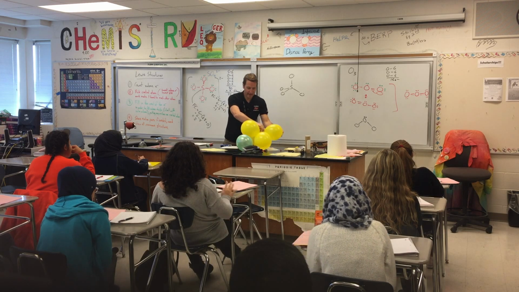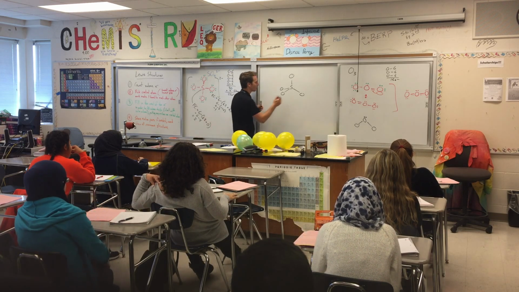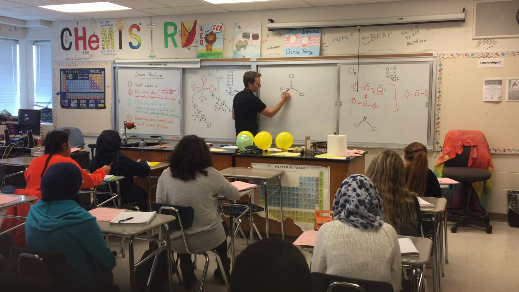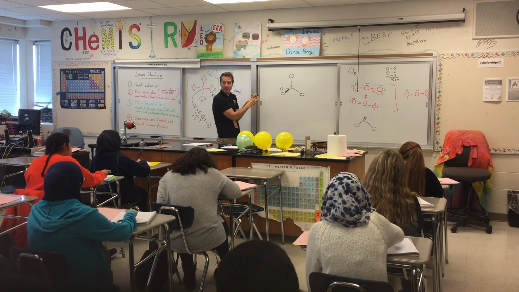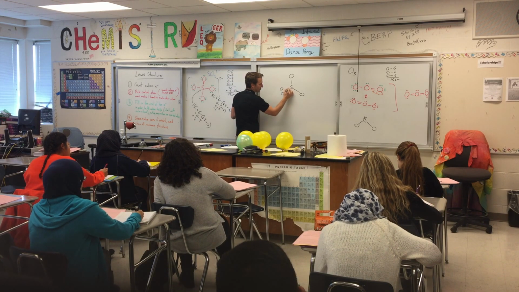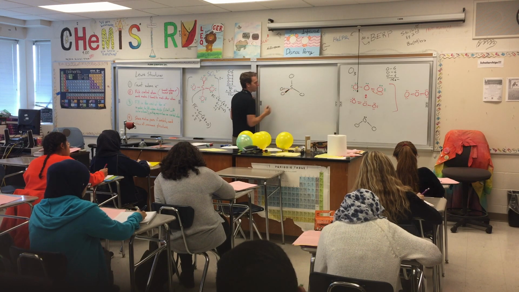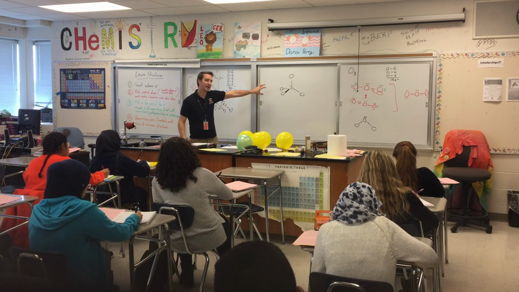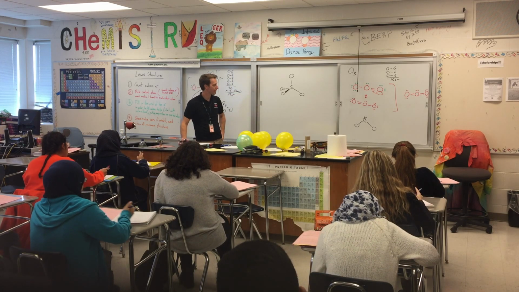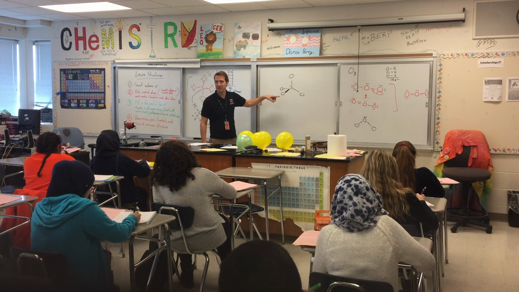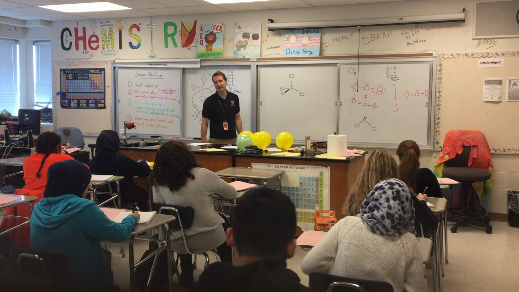So the way that we draw that is we draw a little wedge to represent the atom that's coming out of the plane of the board, and we draw a dash to represent the atom that's going on the other side of the plane of the board. So you will see wedges and dashes. That just means they're not in the same plane.